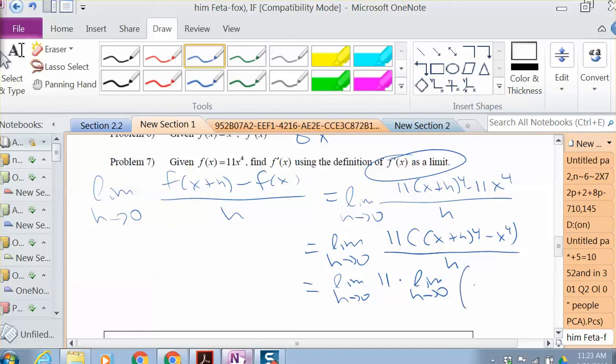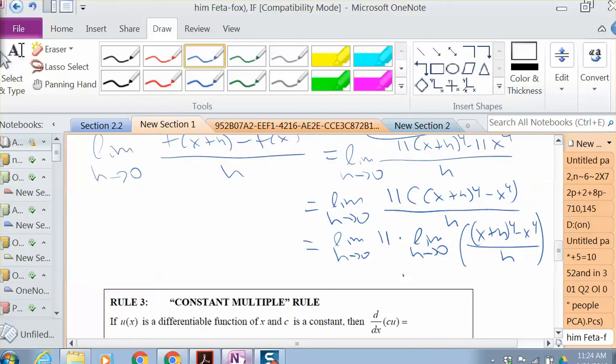We could totally separate our limit in this manner using the stuff we did from the previous unit. And we already know that the derivative of x to the 4 power is 4x^3. So boom, there we go. And the limit of a constant is just going to be the constant, right? If h is approaching 0, then that's just plain old 11. So you wind up getting 44x^3.